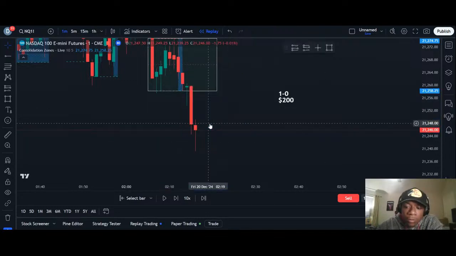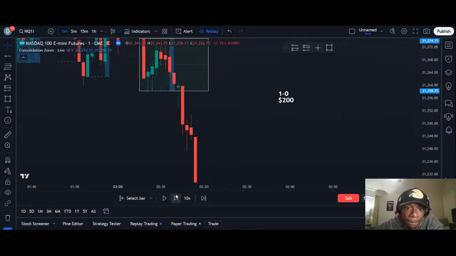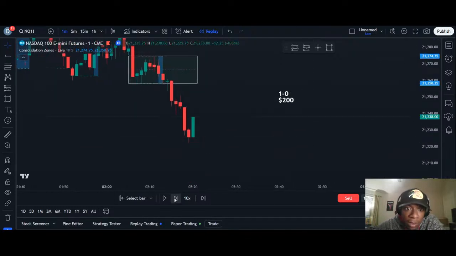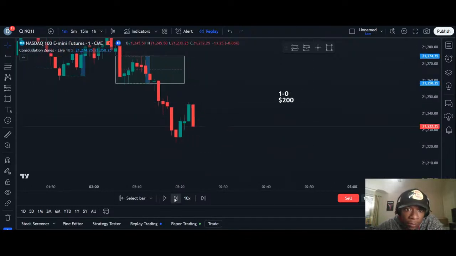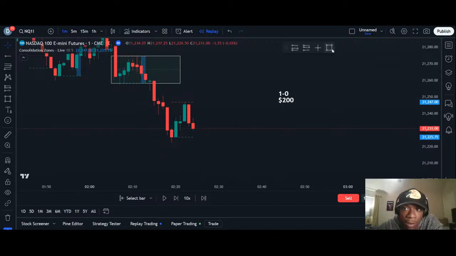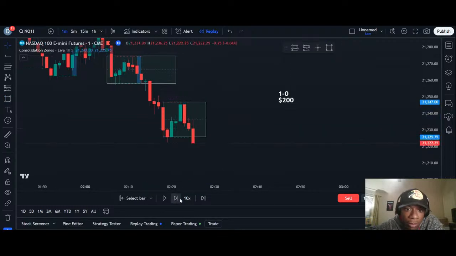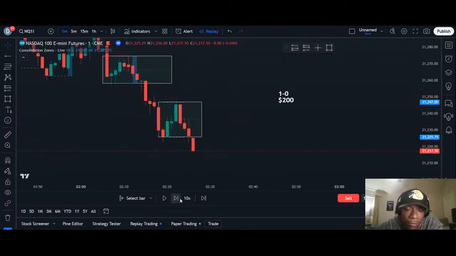Wait for another setup. And what you're going to realize is a lot of these setups start to look the same over and over again. So here we go. We got another zone. We're just going to go through the motions. Boom, close below.